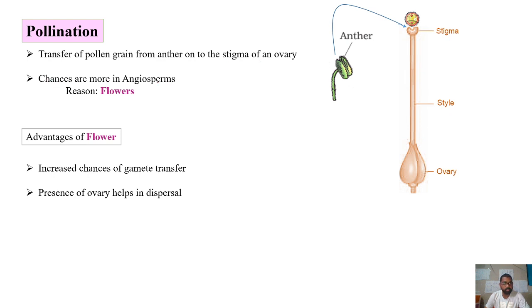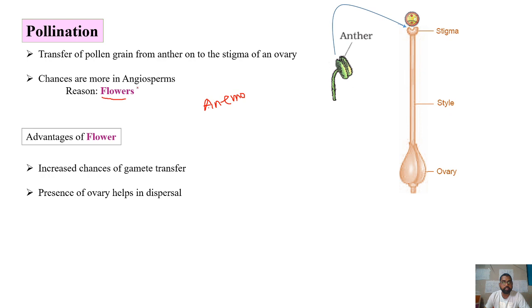Next, in the case of angiosperms, when you compare with the gymnosperms, the chances of pollination are always more. The reason is angiosperms possess flowers. In the case of gymnosperms, the pollination will be through anemophily, that is, the wind can help in the transport of pollen grains.